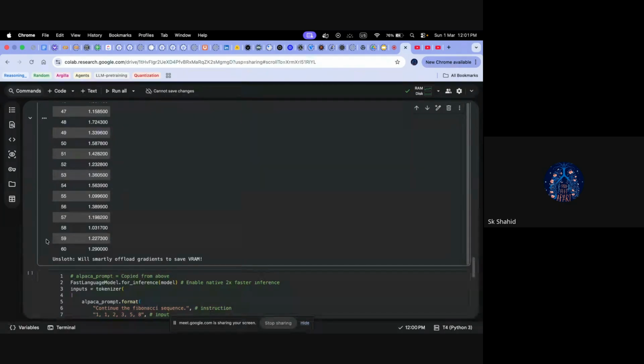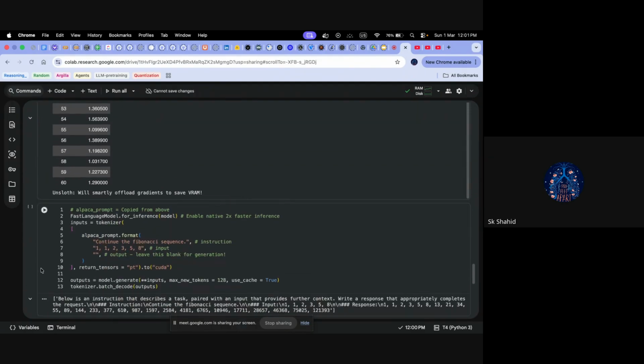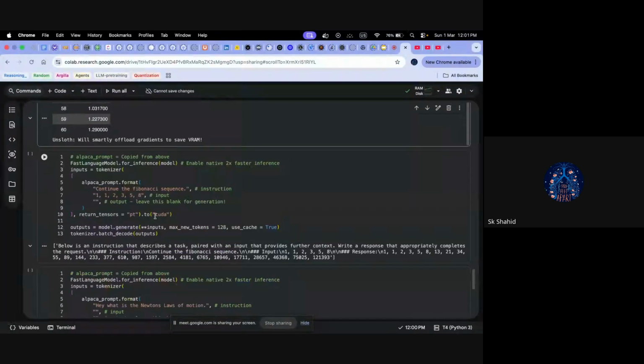Empirically, at the end, we can come up with an optimal number. All the numbers that we see here have been tested as potential optimal numbers. It comes as a default value, but for your particular task, we can play around with these numbers and get a good accuracy. Okay, after 60 steps, it's done.